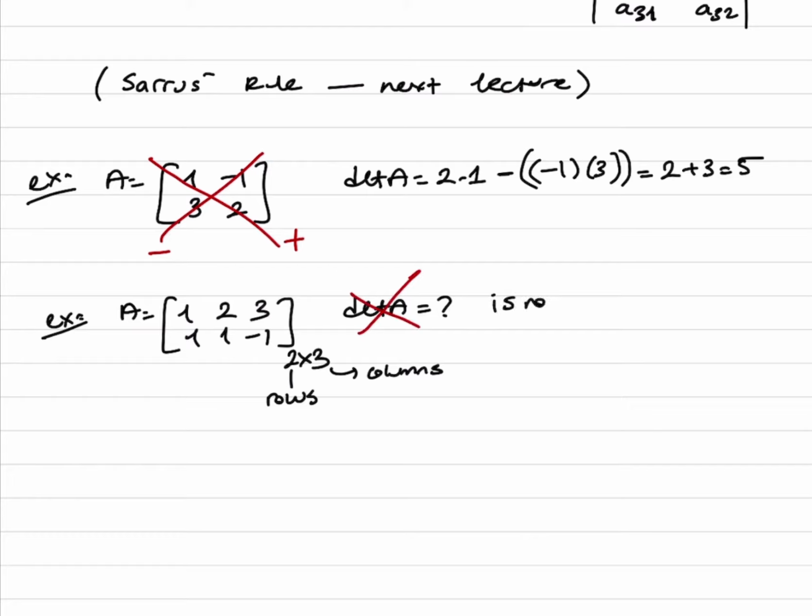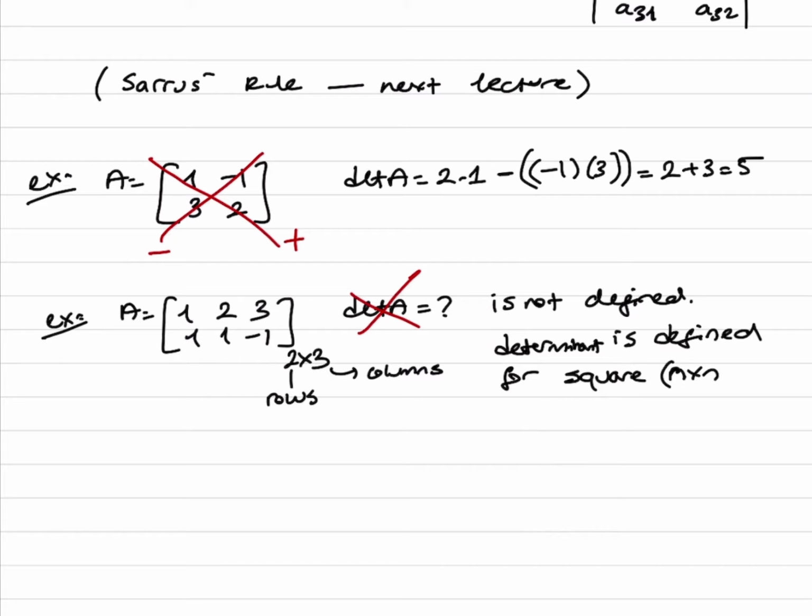The determinant is defined for square n by n matrices only.